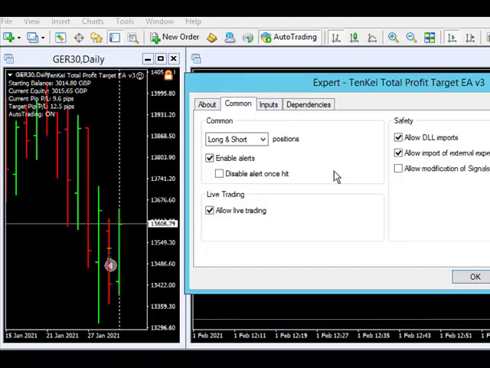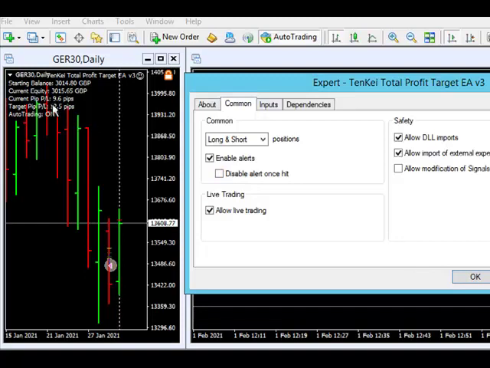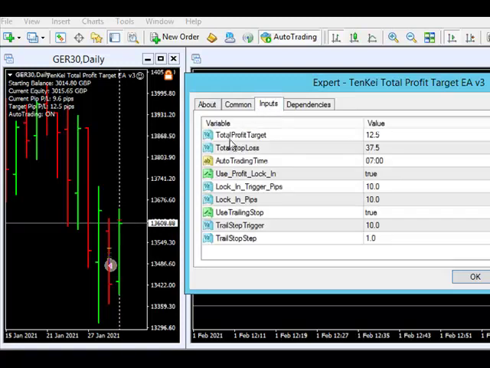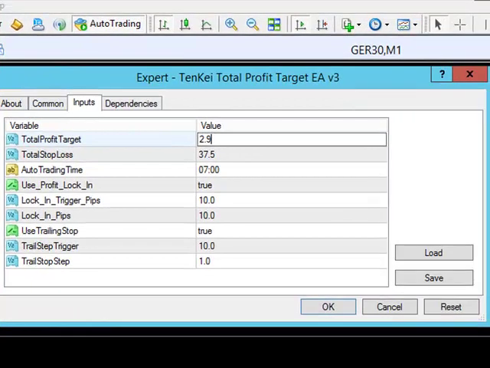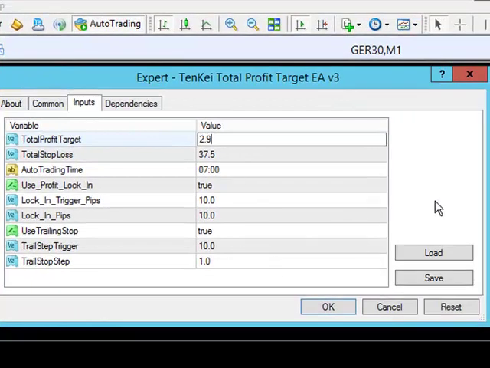So if you inadvertently press this button here, which sets this back to 0, all you'd need to do is set your inputs. Let's just go over here. In your inputs, set your total profit target to 2.9, which means you click here, type in 2.9, and then you are back in business.